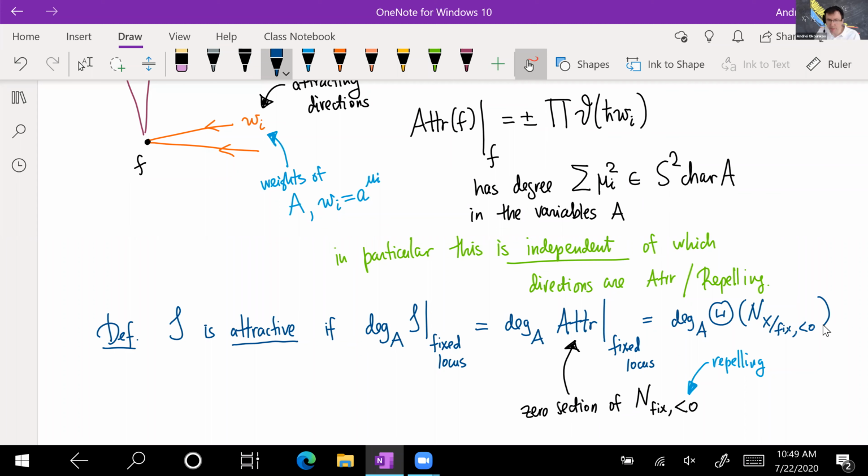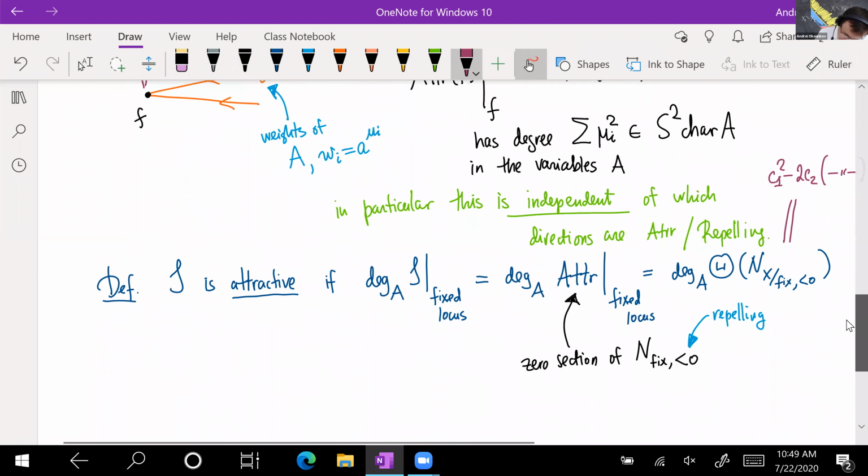And in general, we computed the degree of the theta bundle last time. This is C1 squared minus 2 C2 of the bundle. So that makes sense. And then an observation.